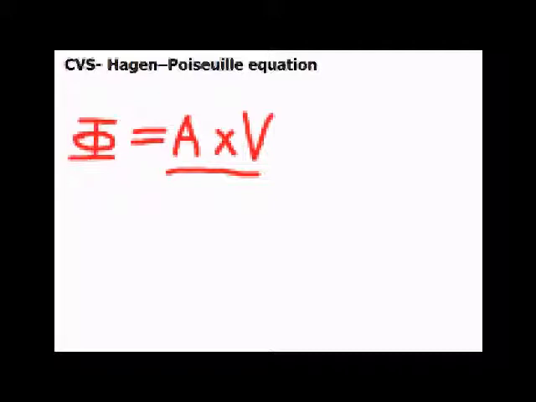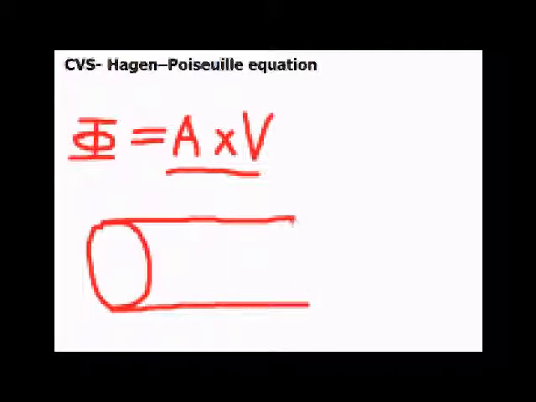Now, the first thing that we're going to consider is a tube, which is going to be our blood vessel, or we'll consider it as a cylinder. So here's its one end, like the open end of a Pringles tin, and this is the far end that you cannot see.